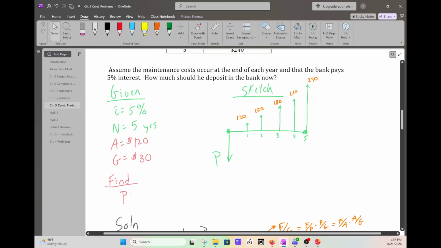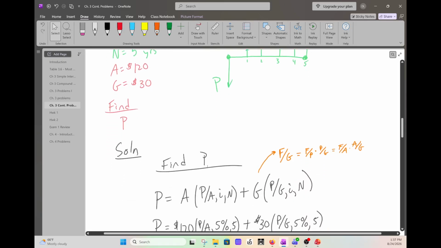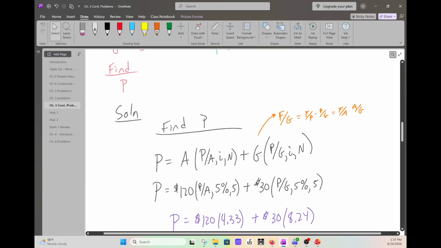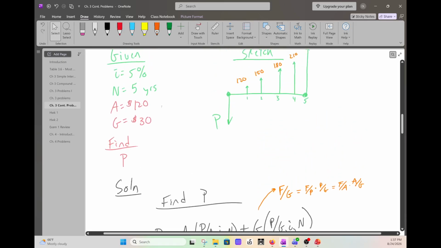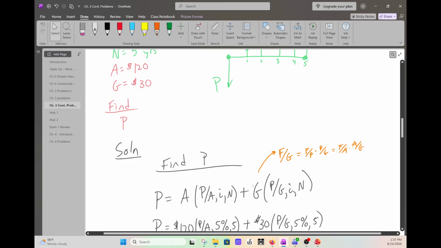We're looking for P. So what we have now is find P given A and given G. So A, P over A, comma I, comma N, that takes care of this 120. And then G is that same amount that increases, P over G, comma I, comma N.